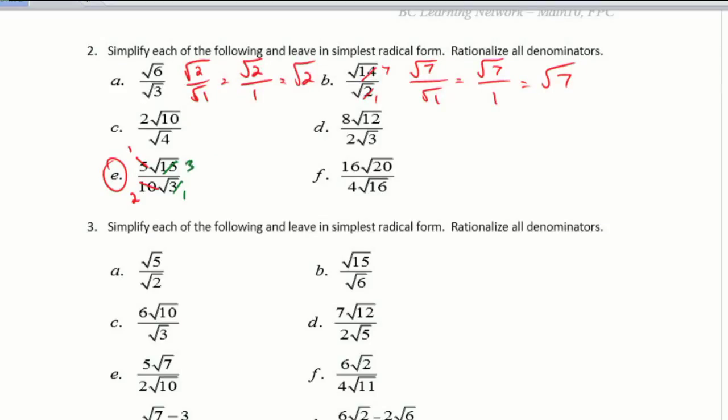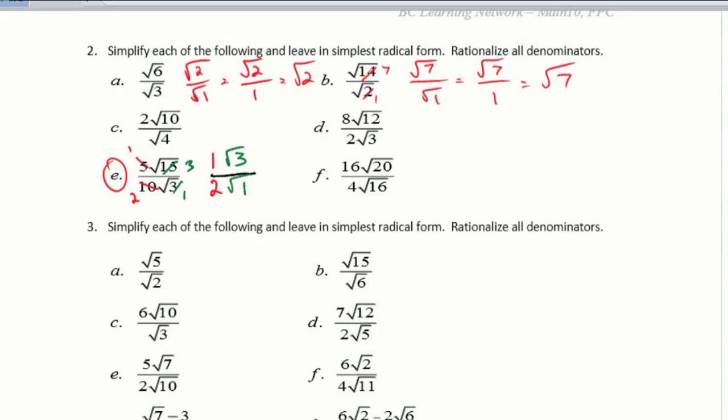So I'm going to rewrite this. I don't have to write it as 1 times the square root of 3, but I'm just going to put it in there for simplification purposes. That's all divided by 2 times the square root of 1.